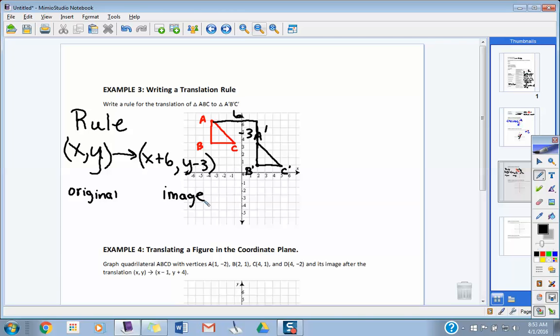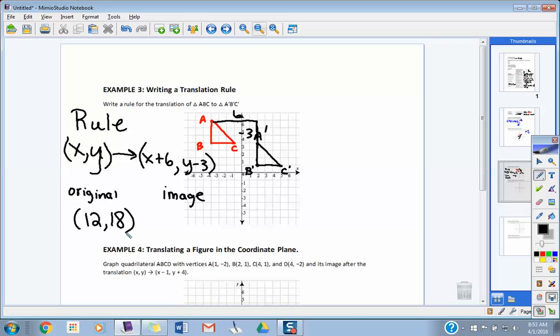If an original point was 12 comma 18, under this rule of translation, where would the image fall? This is my x original and this is my y original. Where would 12, 18 fall under this translation rule, x plus 6, y minus 3?